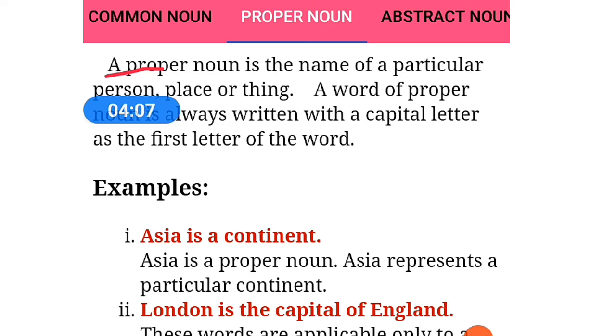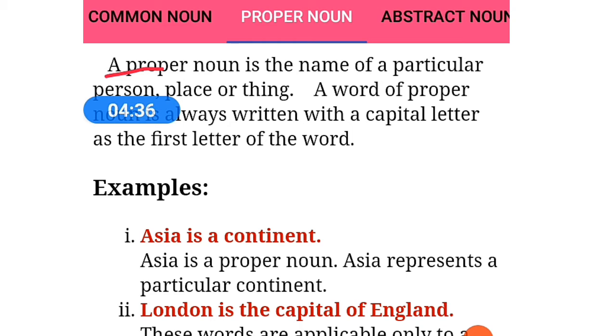Okay, the word of a proper name is always written with a capital letter as the first letter of the word. This is the simplest noun we have to study.